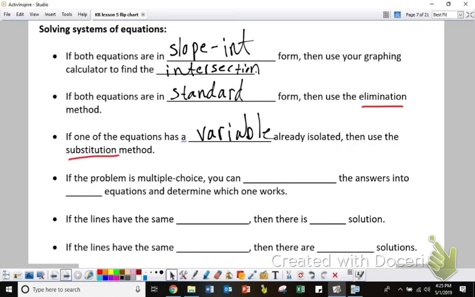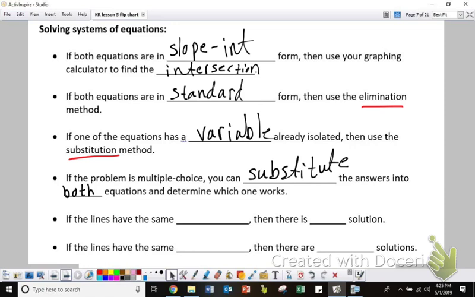If the problem is multiple choice, and that's going to be pretty much all of your Keystones, then we can just substitute the answers into both equations and determine which one works. That's kind of what we just did on the last problem for your opener, number 5. It was just substituting in.